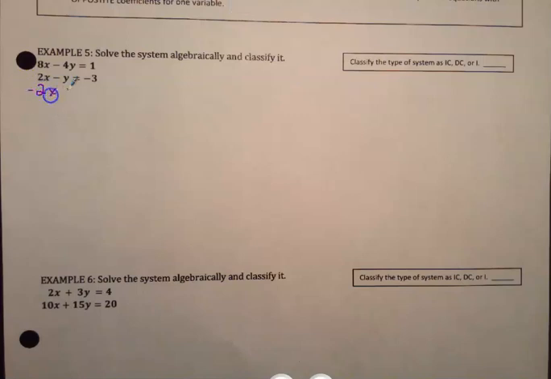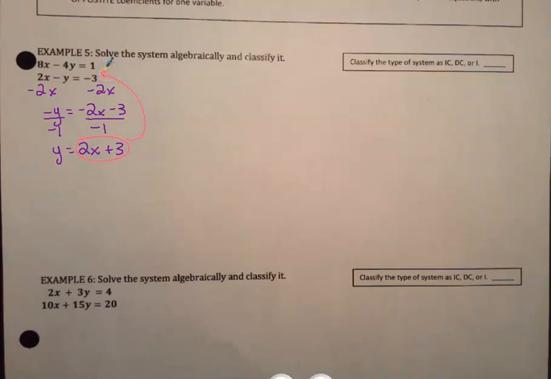So I'm going to subtract 2x from both sides here. So I'll have negative y equals negative 2x minus 3. Divide by negative 1, and I will have y equals 2x plus 3. When I do substitution, remember I'm going to take this expression and plug it back into the other equation.